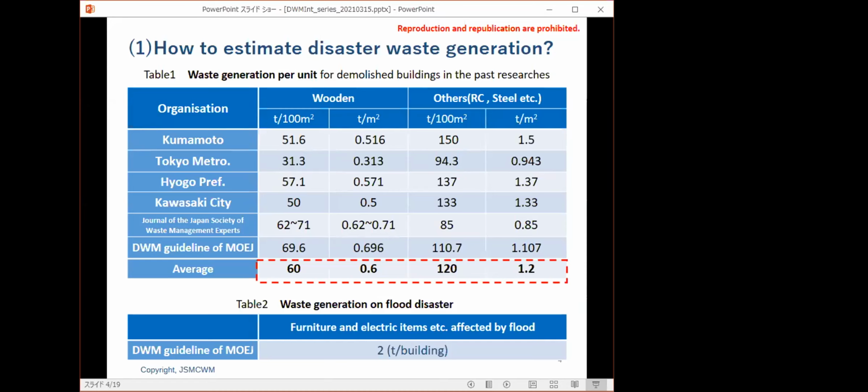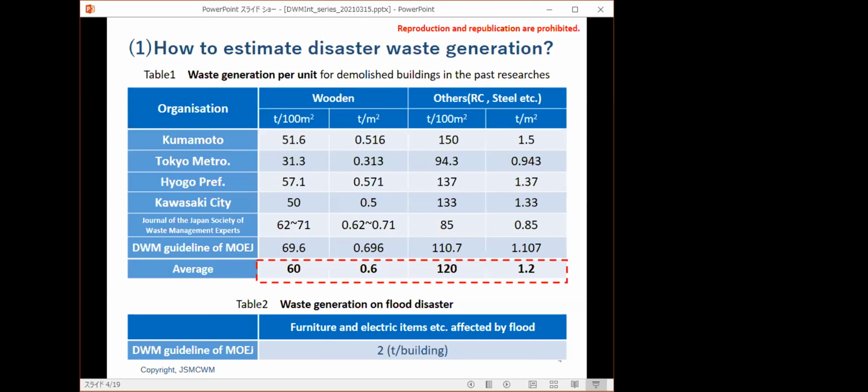And maybe you know there are many building types such as concrete or steel type. Those building types have much more volume than wooden type buildings.